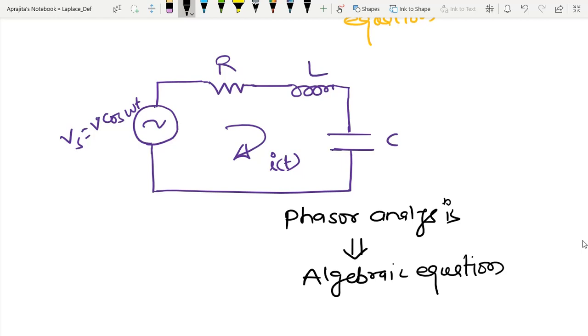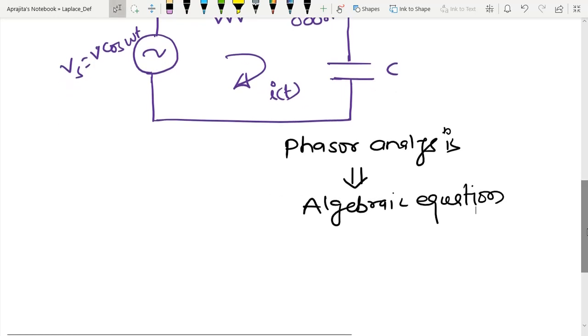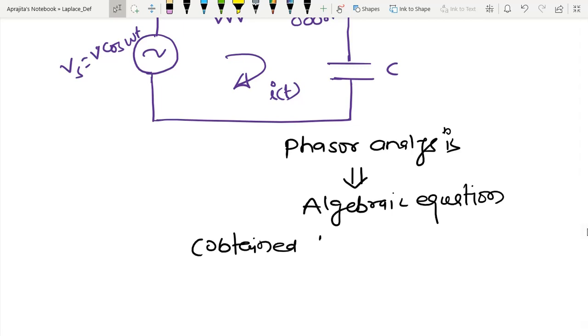And after that we are able to obtain the steady state response.